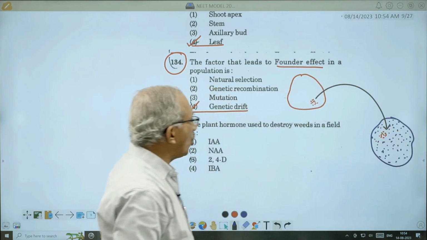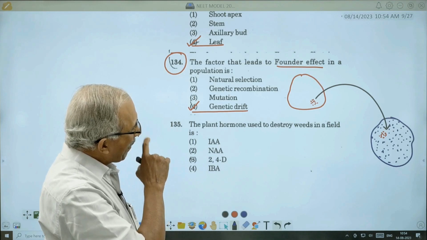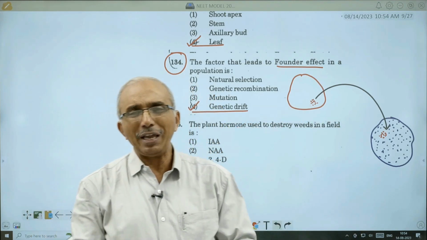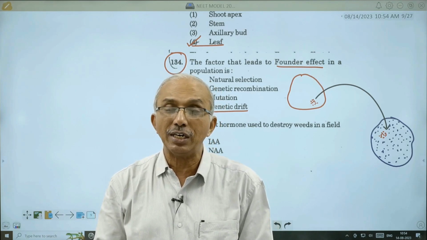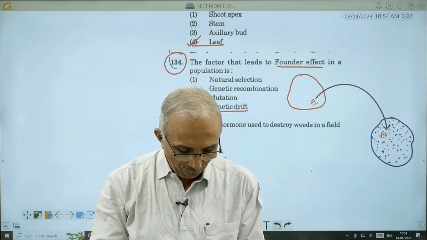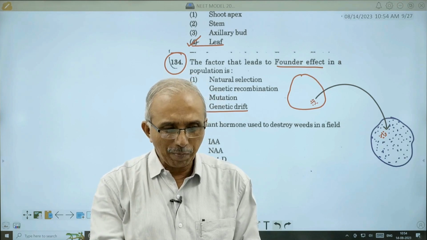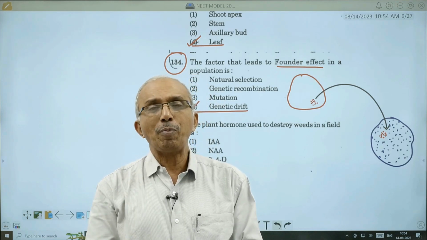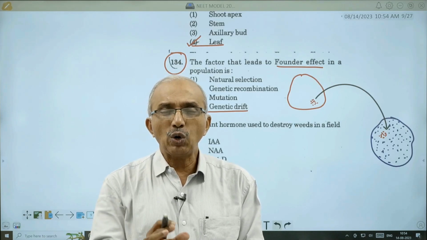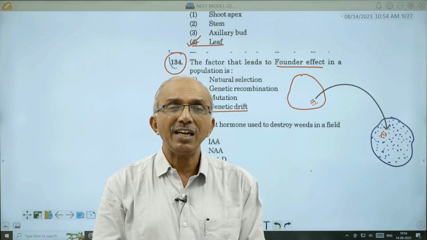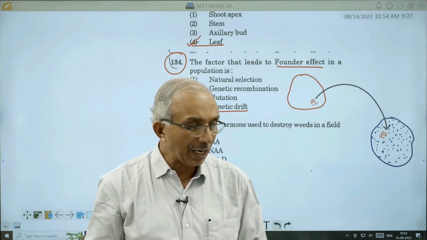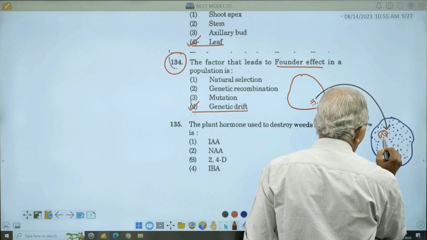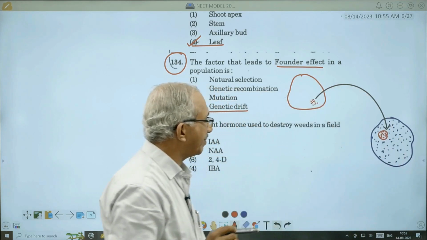A small group of individuals from a population migrated into a new population. This group is called the founders.